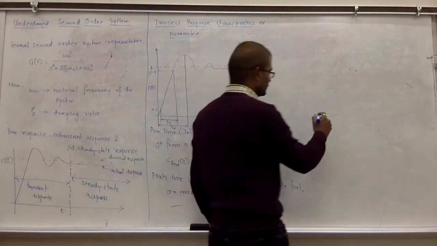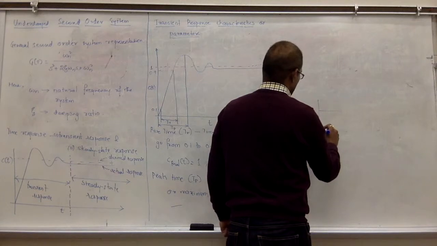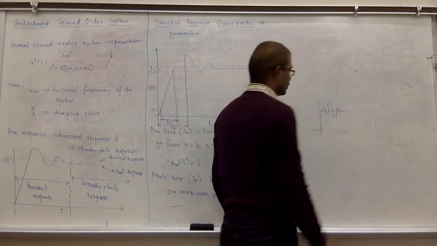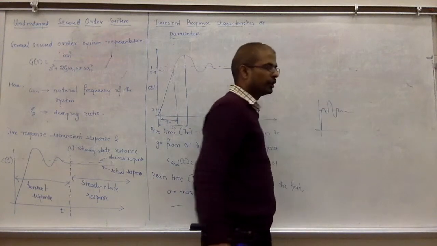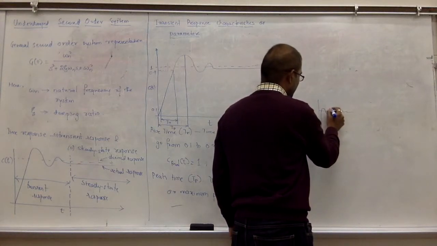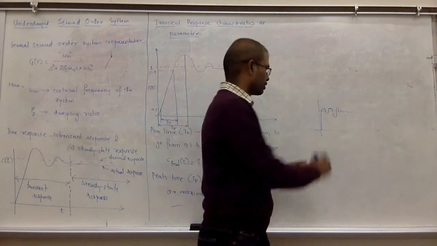Response could be something else. So where is the peak here? This is the peak, right? Otherwise, it could be exactly like this, so where is the peak now? The first one?